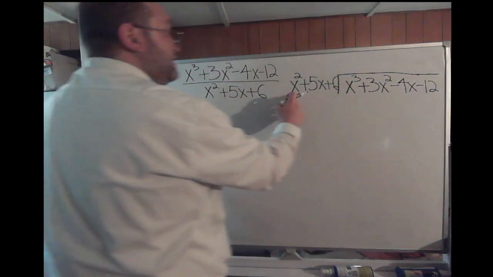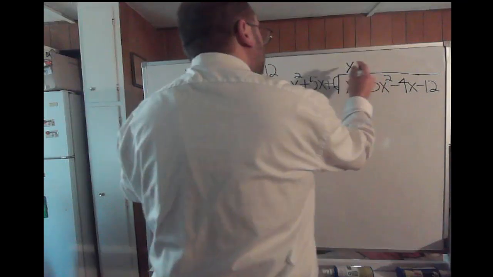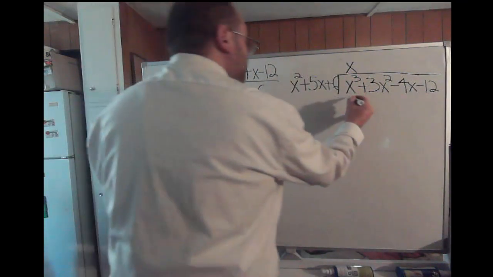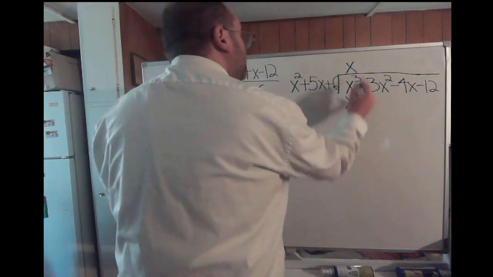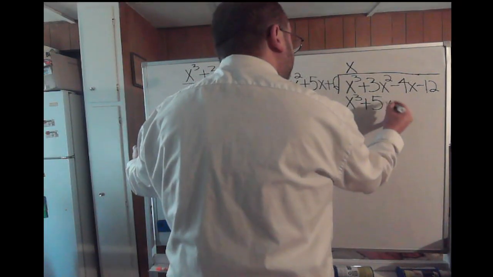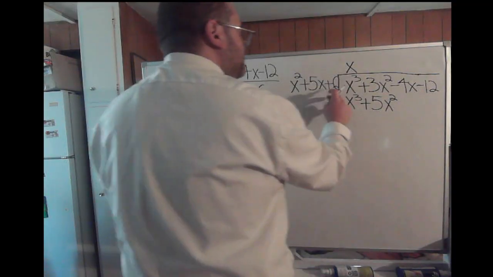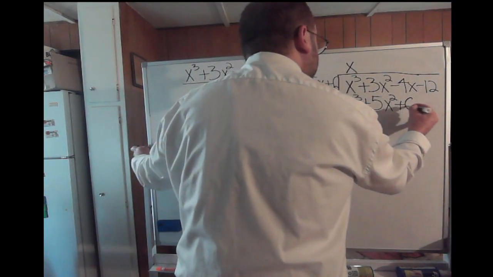Well, x to the second times what equals x to the third? That would just be x. X times x to the second, that's x to the third. X times 5x, well, that'd be plus 5x squared. Okay, and then x times 6, well, that'd be plus 6x.